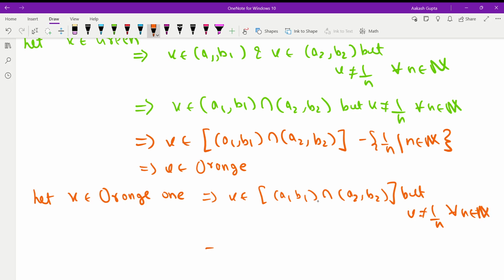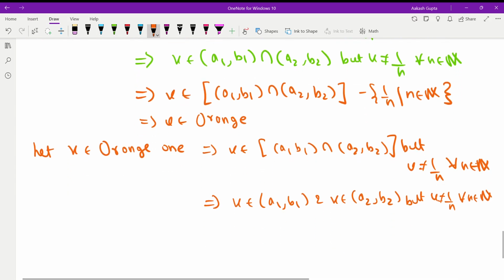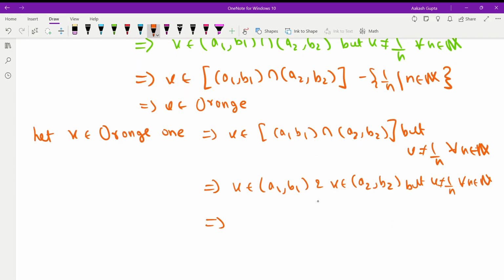So what does it imply? Just write it separately. But x is not 1/n for every n in N. This implies, now let us use the green color, x belongs to (A1, B1), this set intersection with this set.